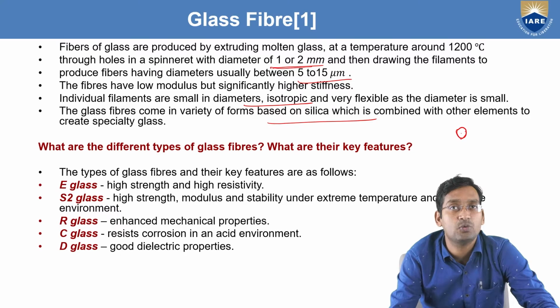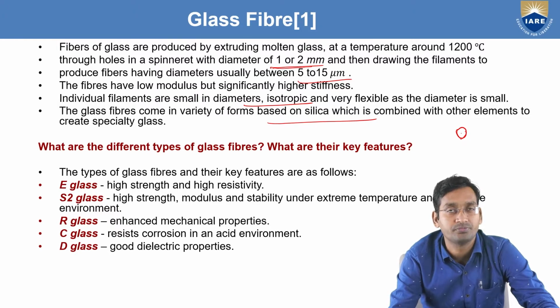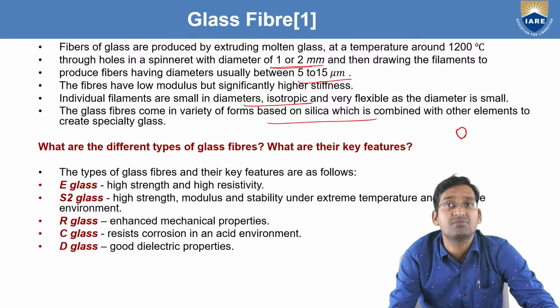Second one is S2 glass, whose key features are higher strength, modulus and stability under extreme temperature and corrosive environment. So it does not corrode, and at extreme temperature also it can sustain. Wherever we require very high temperature, we can use this to insulate. R glass has enhanced mechanical properties.